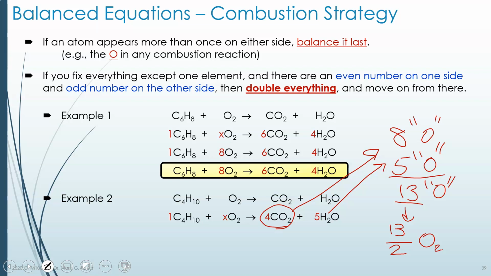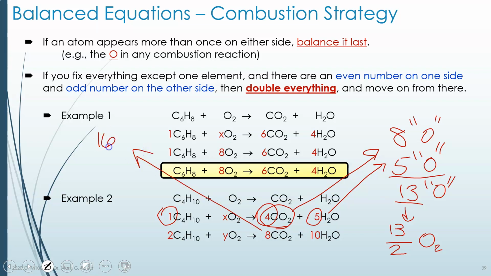Well, you fix that odd number by looking at the numbers you've already set, 1, 4, and 5, and doubling everything. So now it's 2, 8, and 10. And now when you recount your oxygens from the CO2, you'll have 16 O's here.